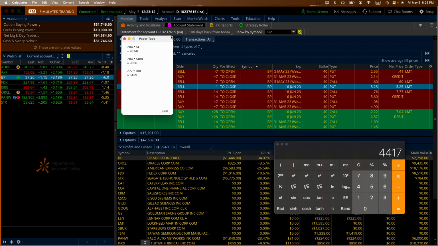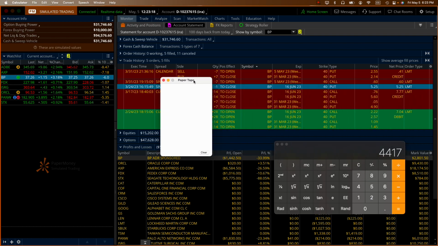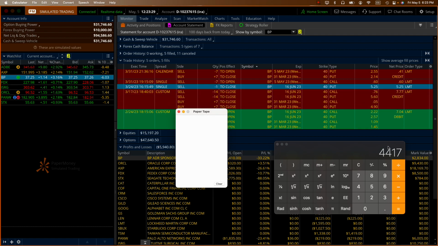Show paper tape. Okay, let's clear that, and we're gonna say 5.25 times 1 put sold times 100, so it's 525. So we subtract 525.